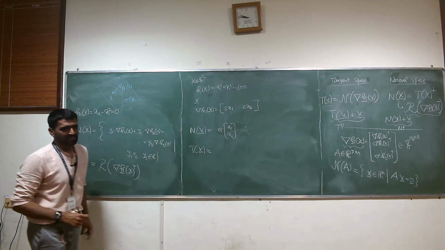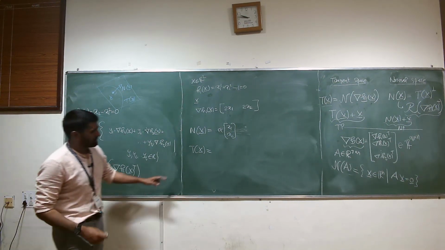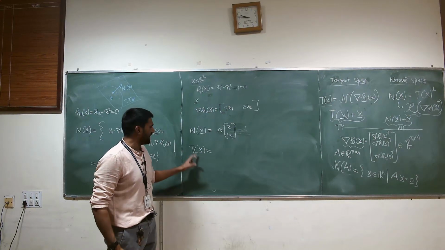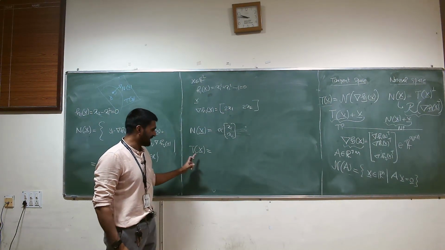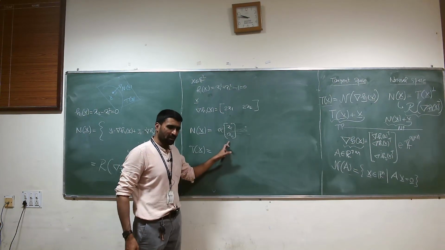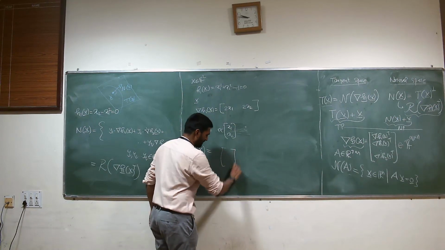What about the tangent space? Well, we know the relationship of the tangent space to the normal space. What is it? It's the orthogonal complement. That means every vector here has to be orthogonal to this. So what do you think would be an expression for this?